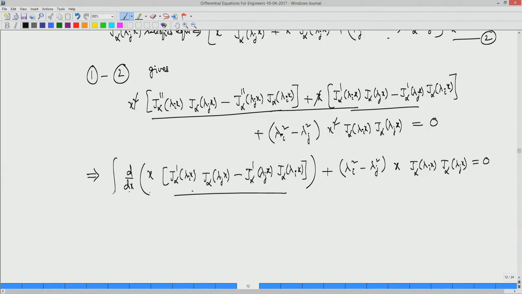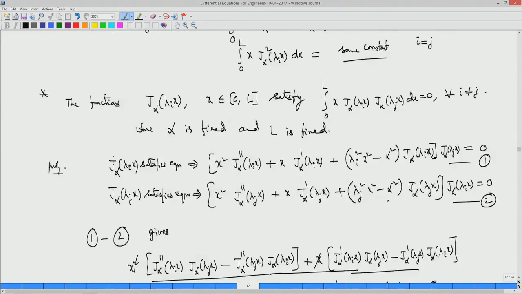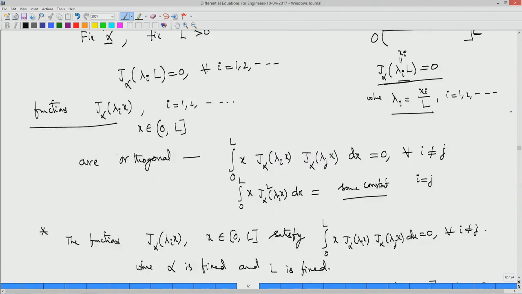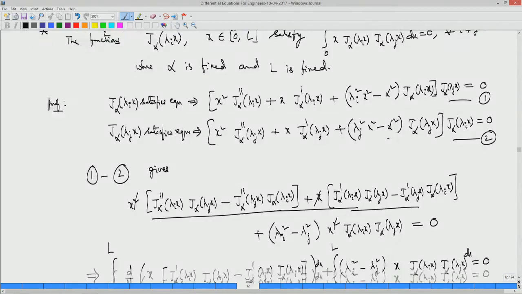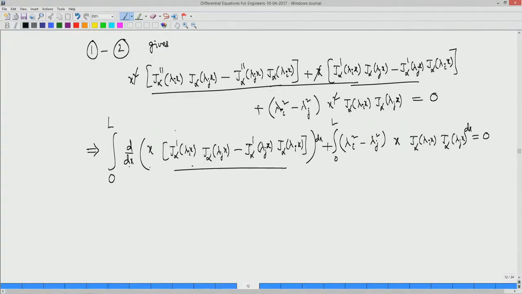You simply integrate both sides from 0 to L, dx. And what happens? Because j alpha of lambda j L, these are the roots, that is how we have chosen j alpha of lambda i L for every L. So, when you put x equal to L, j alpha of lambda j L or j alpha of lambda i L will be 0.